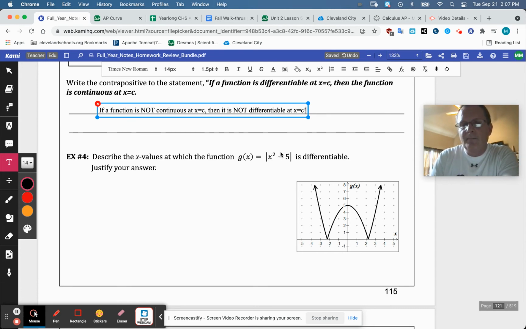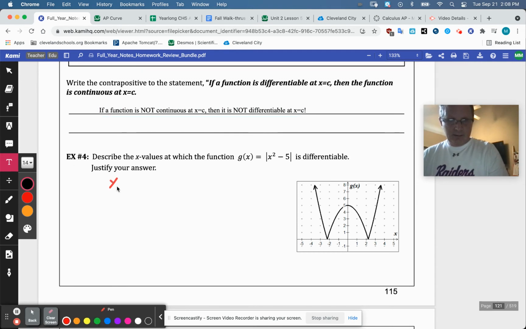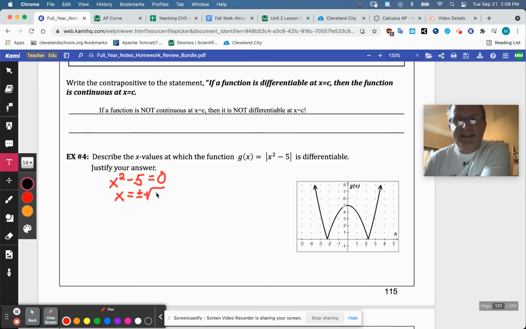Whenever the part inside is equal to 0, and that happens when x squared minus 5 is equal to 0. Okay, well, that's true whenever you add 5 to both sides and take the square root. That's true whenever x is equal to plus or minus the square root of 5. This is where the cusp occurs.